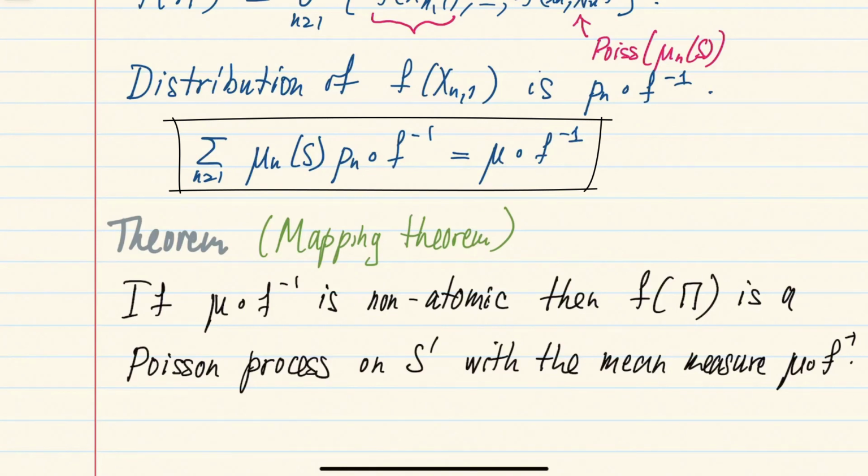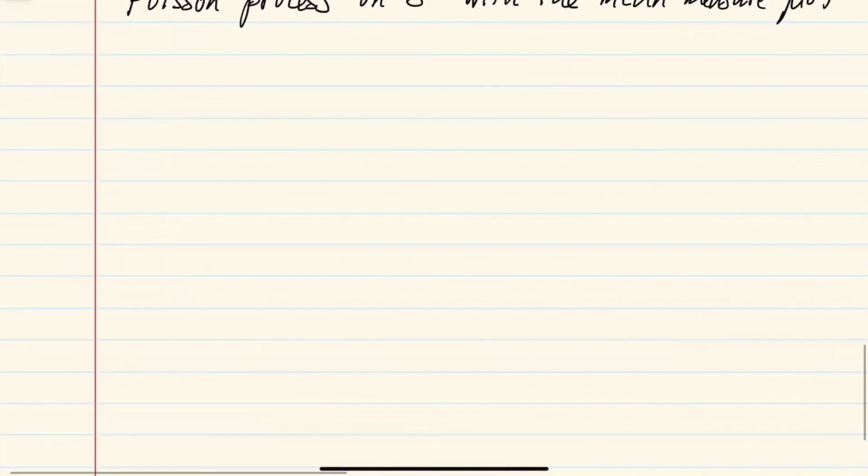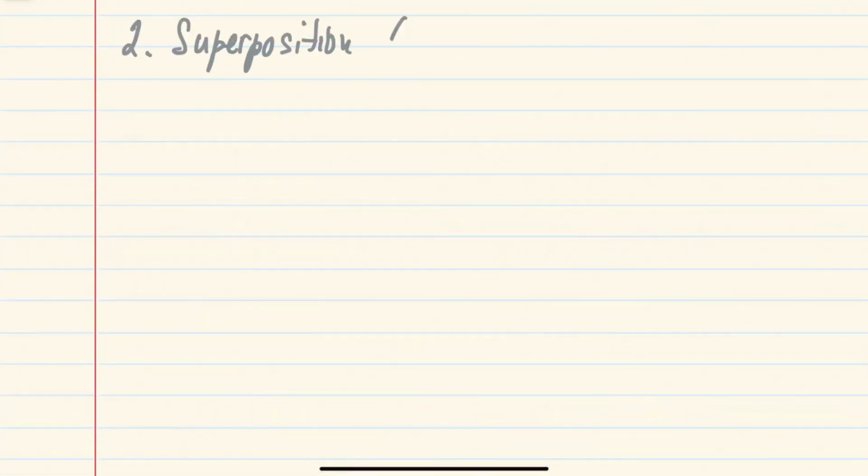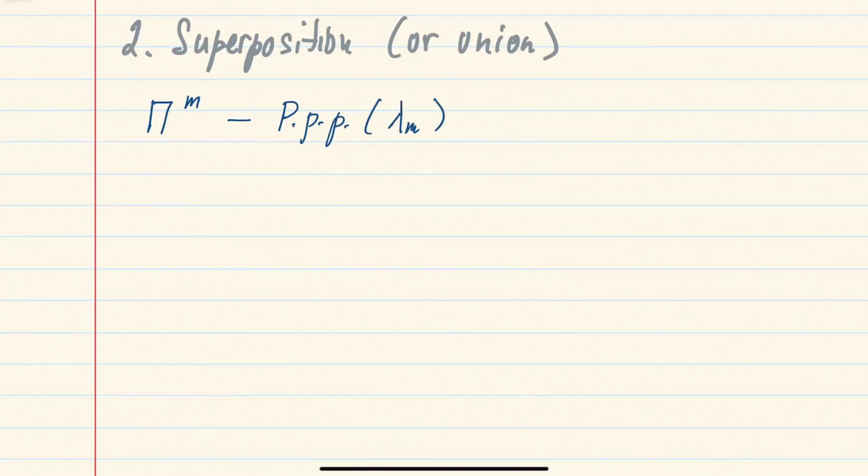Okay, then the next operation will be the so-called superposition or union. So here we consider a sequence of Poisson point processes, so let's label them by this upper index m. Each one will be a Poisson point process as above, corresponding to some sigma-finite measure lambda^m.